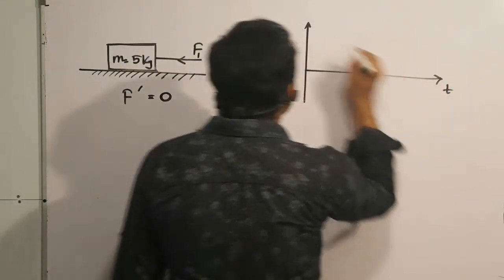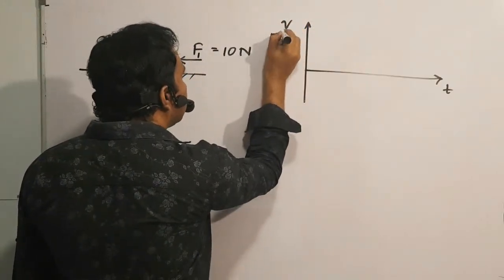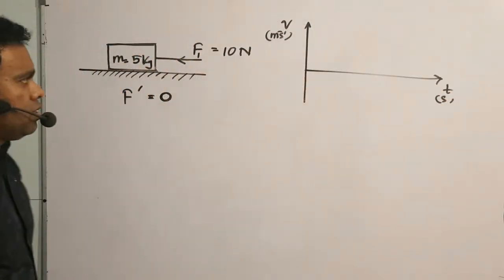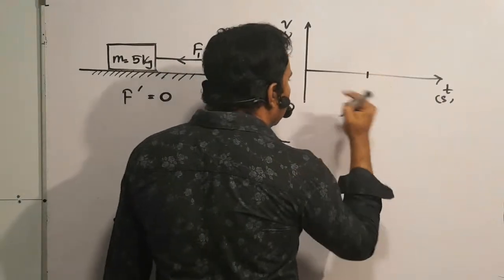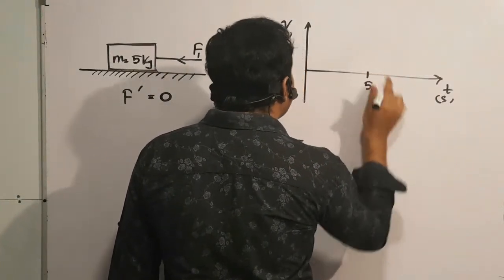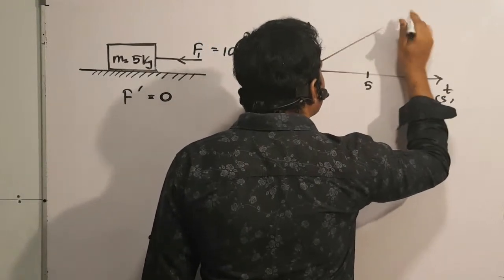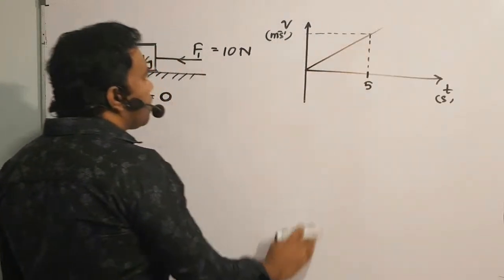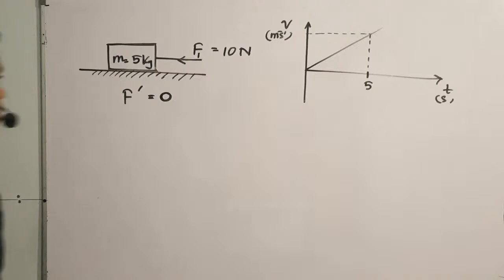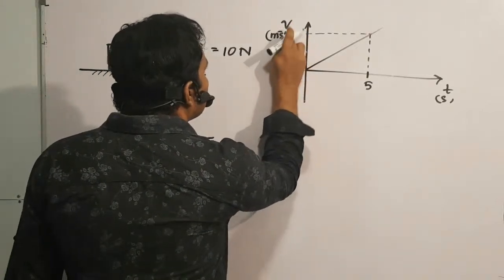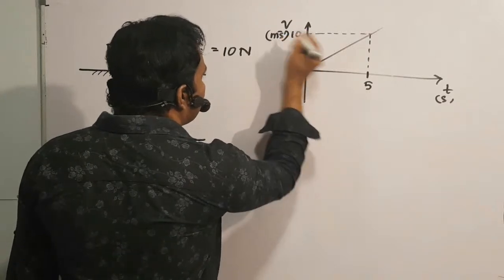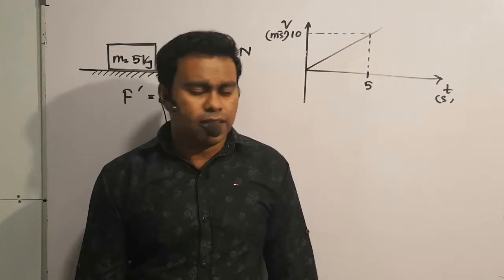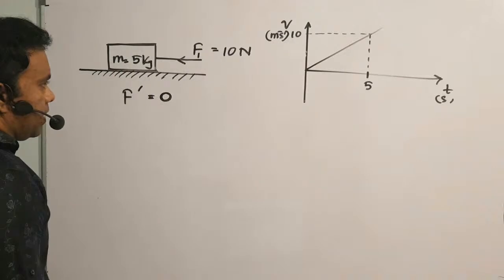So this is time, this is velocity, and units meters per second, time seconds. Within 5 seconds of time, object's velocity has been changed from 0 to 10. Simple. මම මේ simple calculations දෙන්නේ theory එක understand කරගන්න. හරි? So that's 10 meters per second.